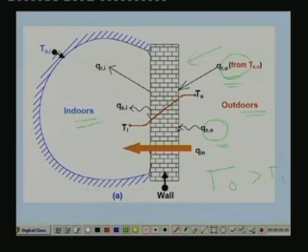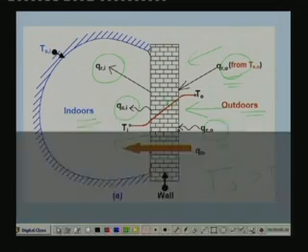Then heat transfer from the inner surface of the wall to the indoors takes place again by radiation and by convection. Since we are talking about a steady state heat transfer problem, whatever heat enters the wall from the outside should be equal to heat leaving the wall from the inner surface. So, heat transfer at the outer surface is always equal to heat transfer from the inner surface. That is why it is steady state.